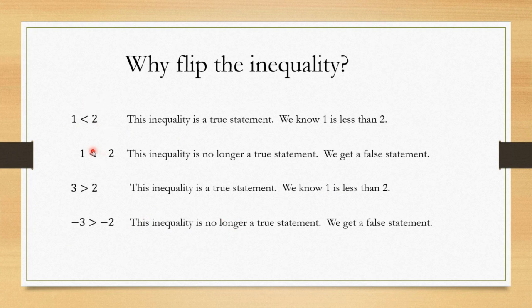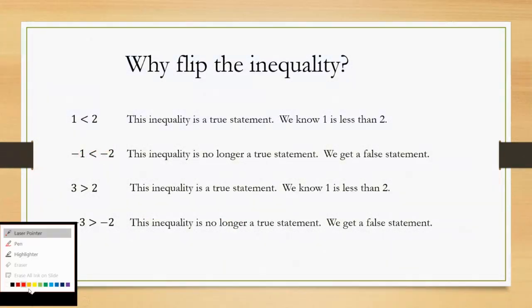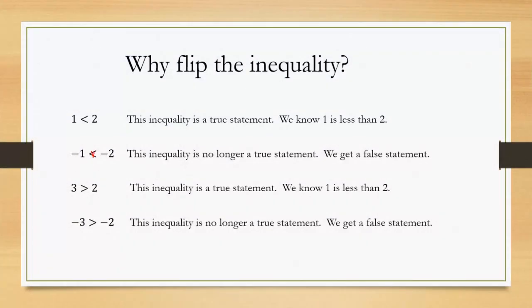If I don't turn this inequality around, what we have is this, which is a false statement. -1 is not less than -2, right? So this inequality has to be turned around. Let me see if I could draw it actually. In other words, here, this should be the inequality. You can see that you have to turn the inequality around.